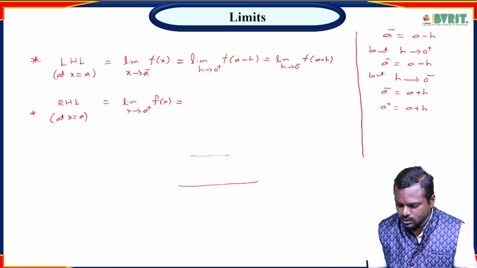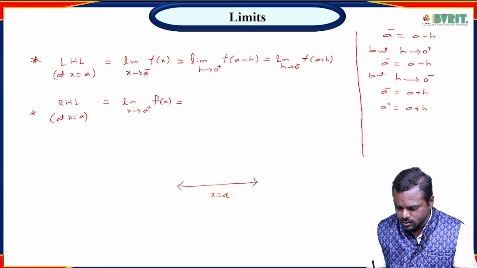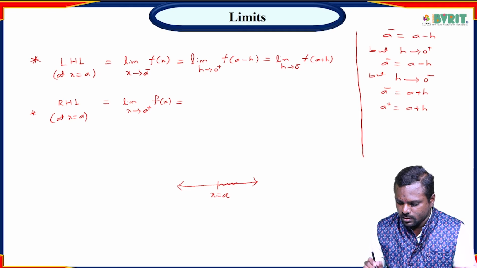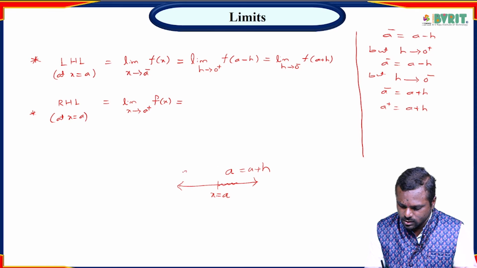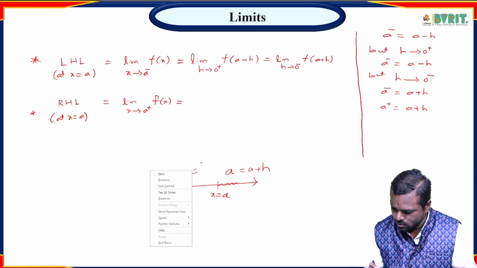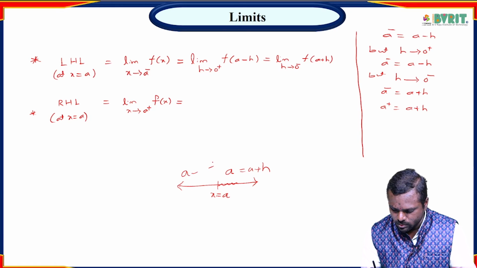This is the real line at x is equal to a, and this is the right hand side. Now a plus is nothing but a plus h, and a minus is nothing but a minus h.